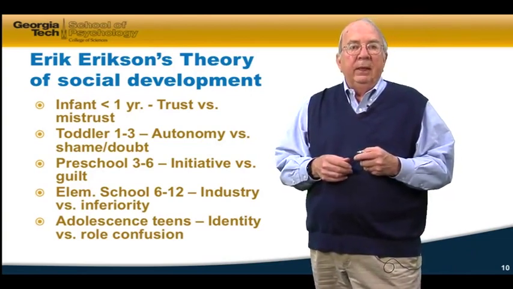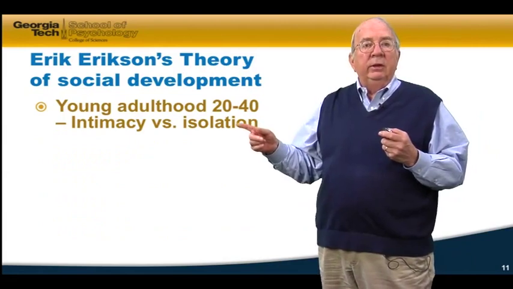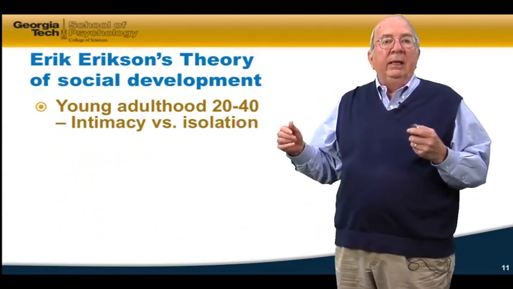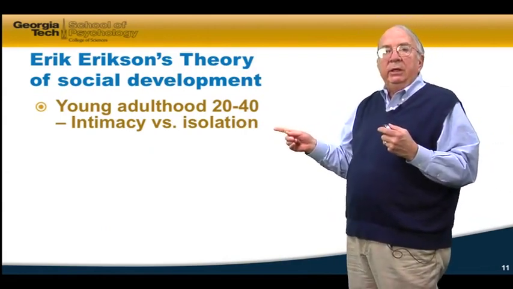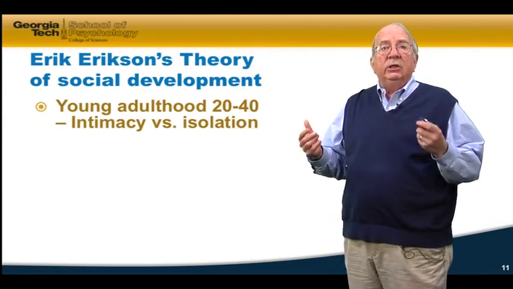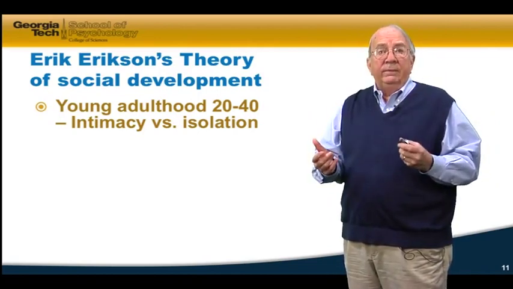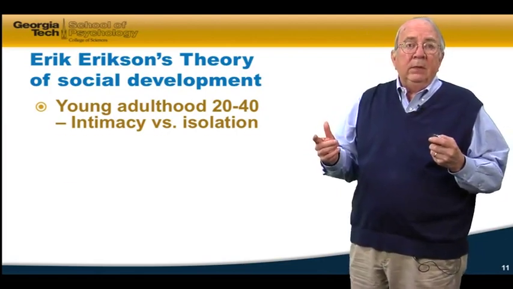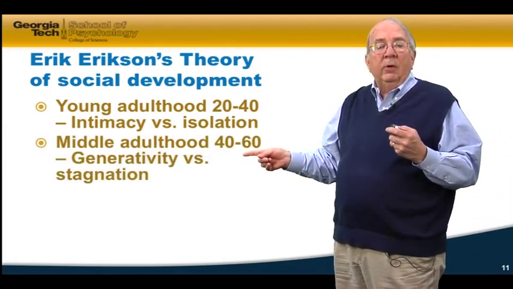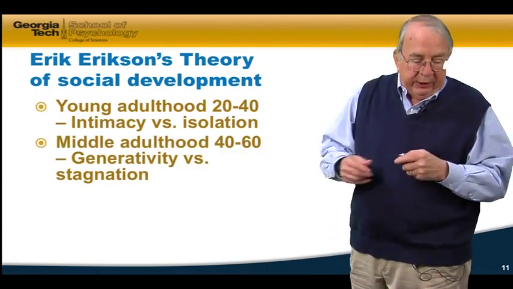Then we have the adult stages, young adulthood, 20 to 40, and here the challenge is intimacy versus isolation, and the positive solution to that is the young adult learns to love and to have long-term commitments with others. Then middle adulthood, 40 to 60, and the challenge is generativity versus stagnation.